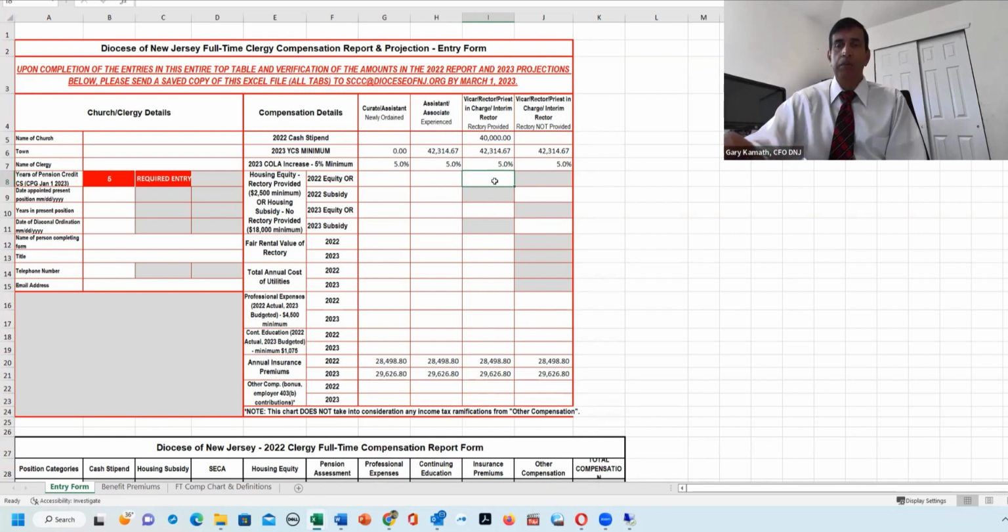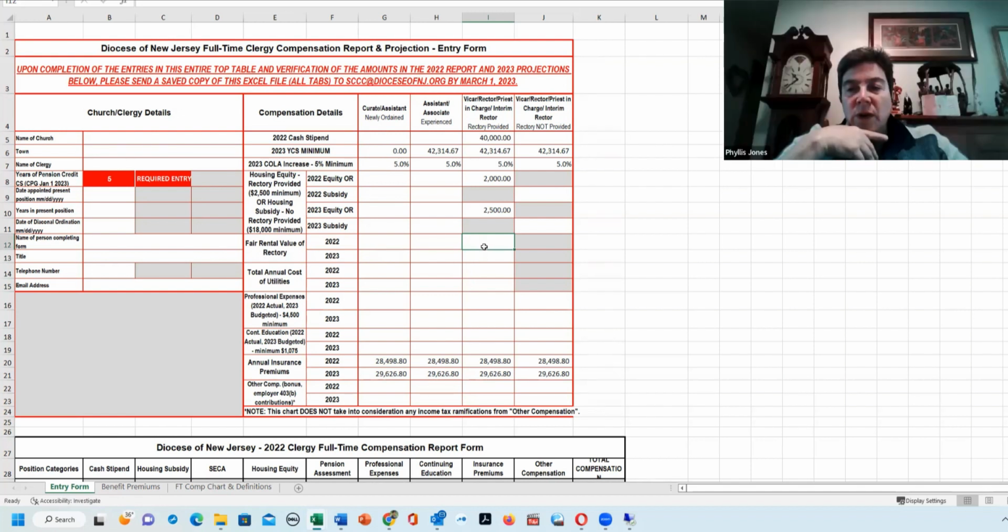Here we'll say last year we'll put in 2,000, and for 2023 we'll put the minimum 2,500. And since rectory is not provided, we'll put the fair market value of the rectory for 2022. That's the column that you're in right now. Yeah, rectory is provided.